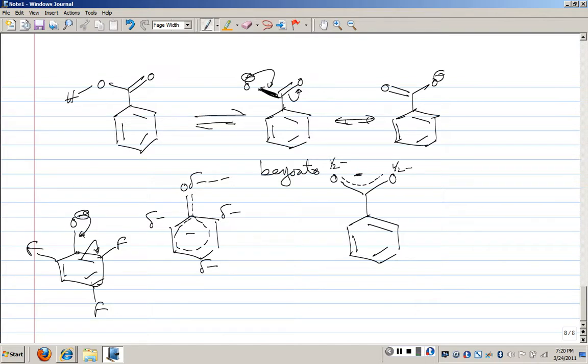So the effectiveness of the charge dispersal is greater in the carboxylate than it is in the phenoxide. As a result, the benzoate is a much more stable conjugate base. Therefore, it's a much weaker conjugate base. And therefore, benzoic acid is a stronger acid. Okay? All right, so we'll stop here, and we'll continue in lecture 3.